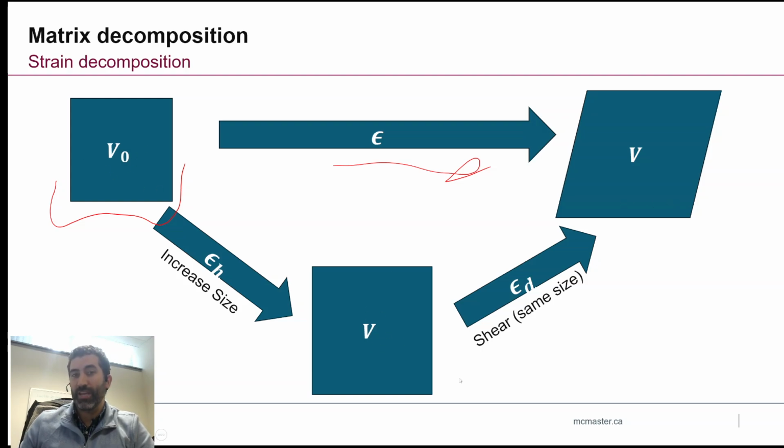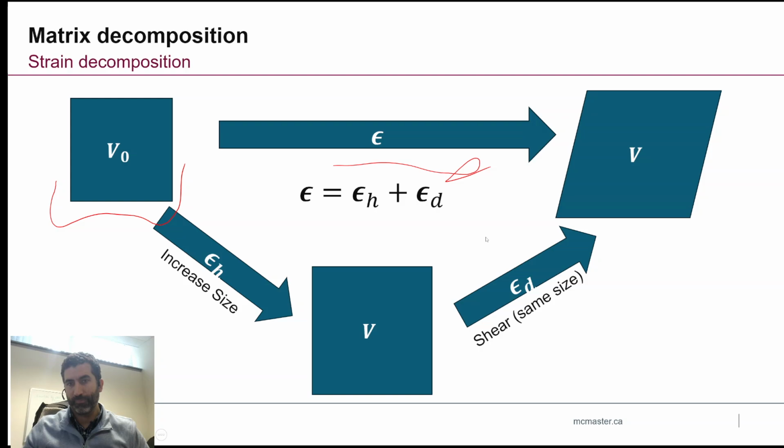So we move from V naught to V, and then we preserve our volume and we shear this thing into our final configuration. This size increase is called a homogeneous strain. And it's homogeneous because every point in this material is increasing in size together. Then you have something called the shear strain, or the deviator, which is the terminology that we're going to use and COMSOL uses, and that is volume preserving. So there's no volume change between here and here.